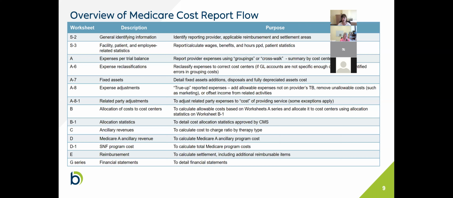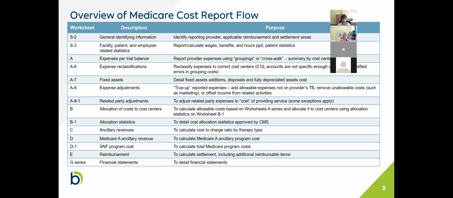And in those situations where your account is too broad, or maybe you made a mistake in posting something to the wrong account, and then you were reviewing it with us, there's a schedule of expense reclassifications where we can move some costs from one line to another in order to make it more accurate.